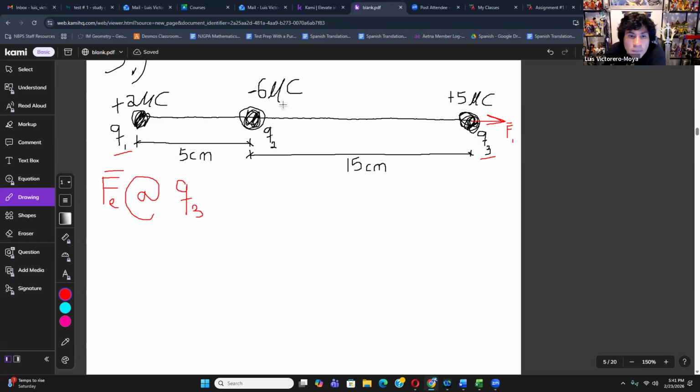However, between Q2 and Q3, you have positive 5, negative 6. So there is a force like this. I'm going to call it F2. That force is in this direction on Q3 because they attract.